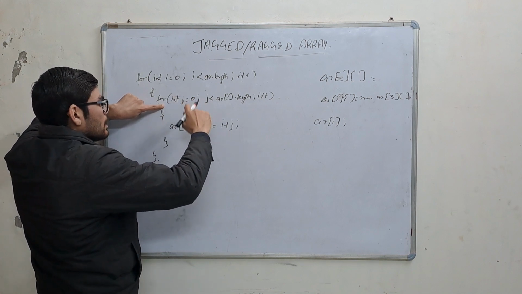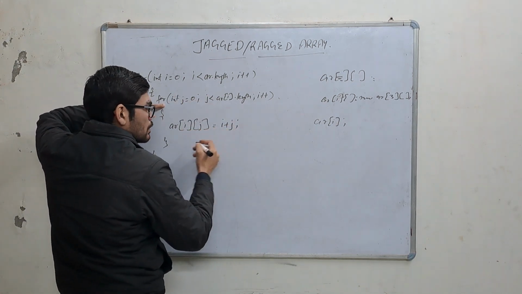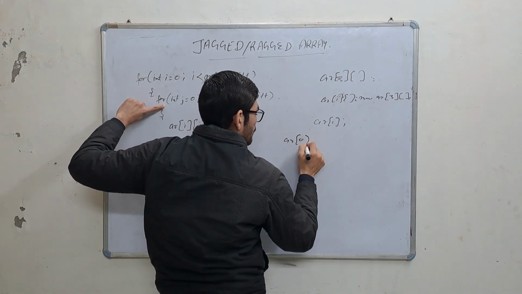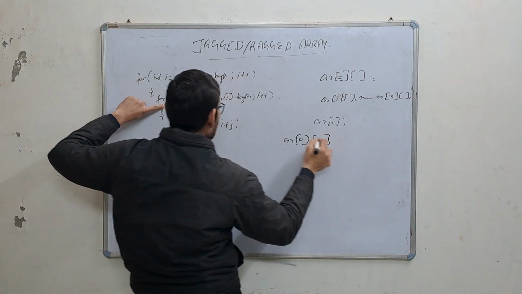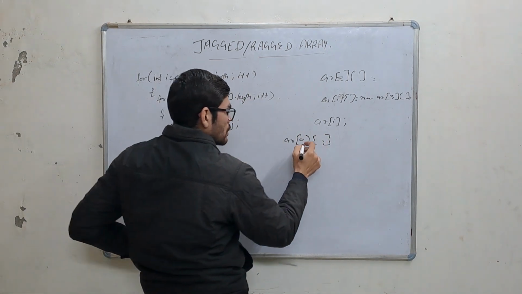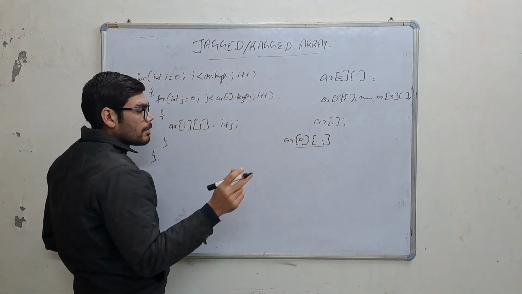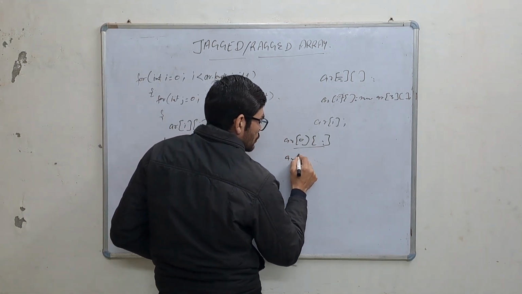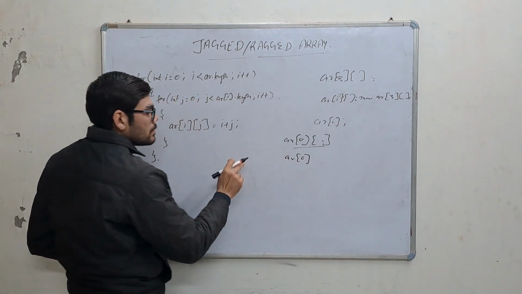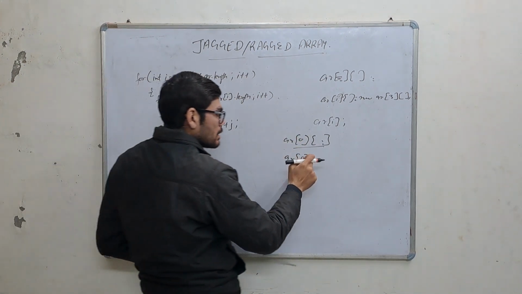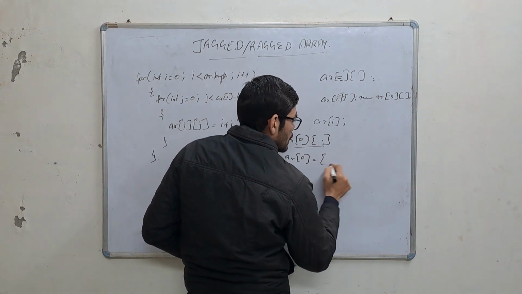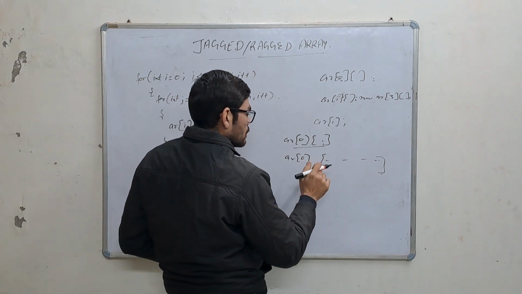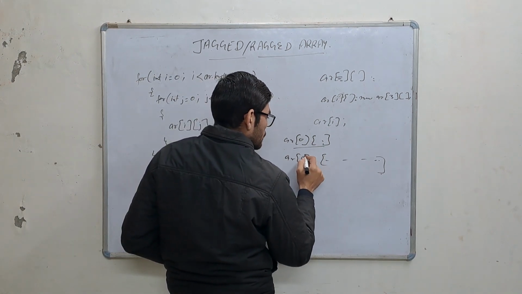And when it will increment, j will be incremented. So in the first go, it will write all the values in the first row. Then the next row, and so on.